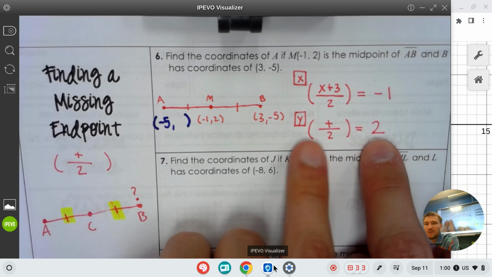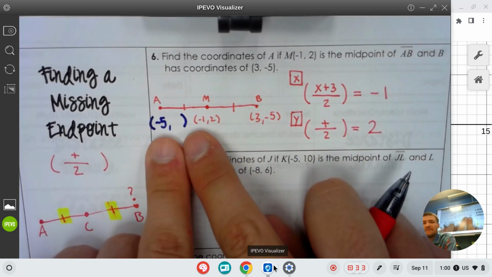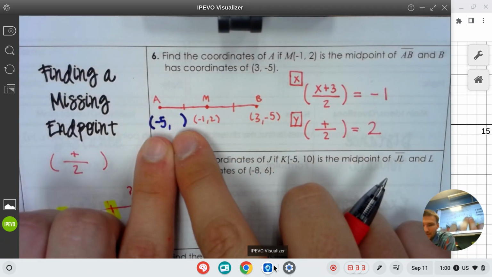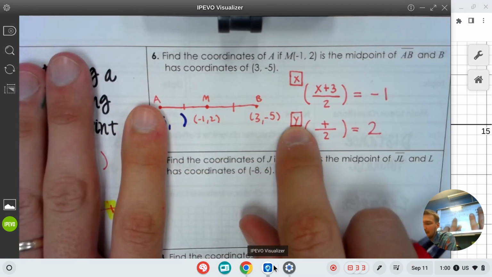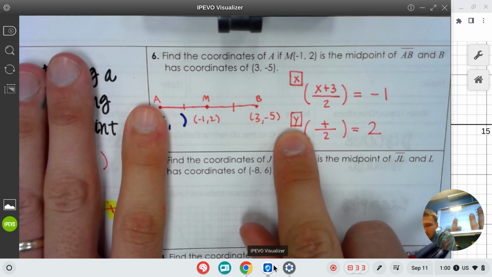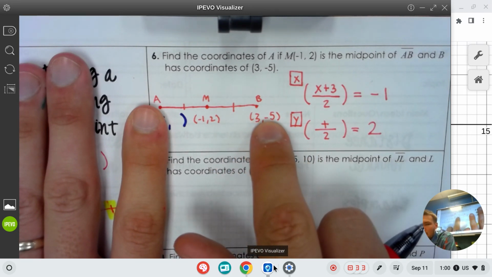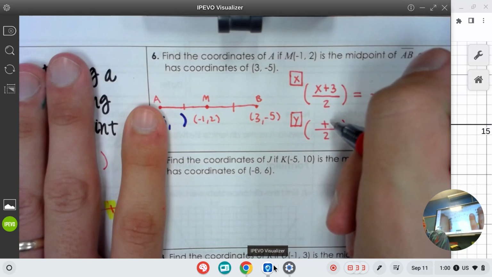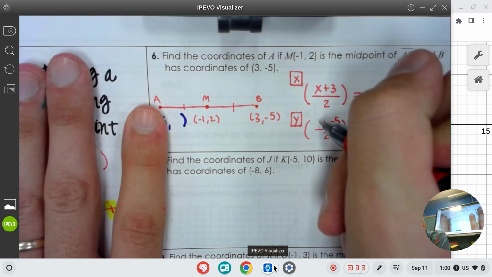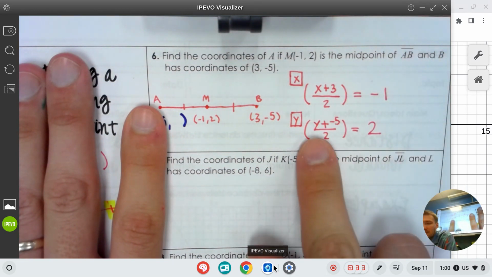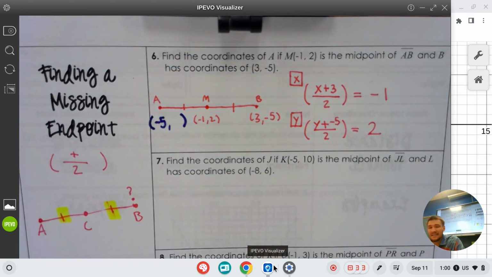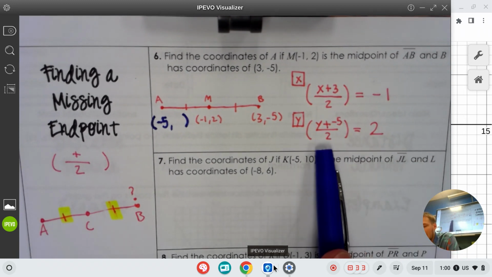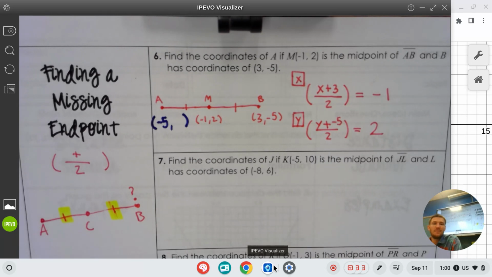What's weird about this question is we're trying to work backwards to find our endpoint. We're trying to find our y values, and using the y values, we know one of the endpoints, which is -5, but we don't know the y value of A. So when you're missing that endpoint, your variable is always going to be on the midpoint side, which is a little bit weird.